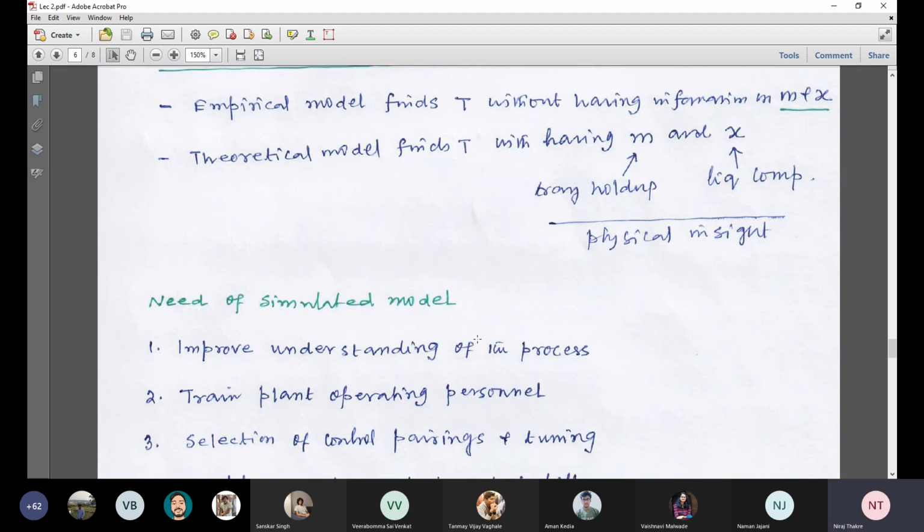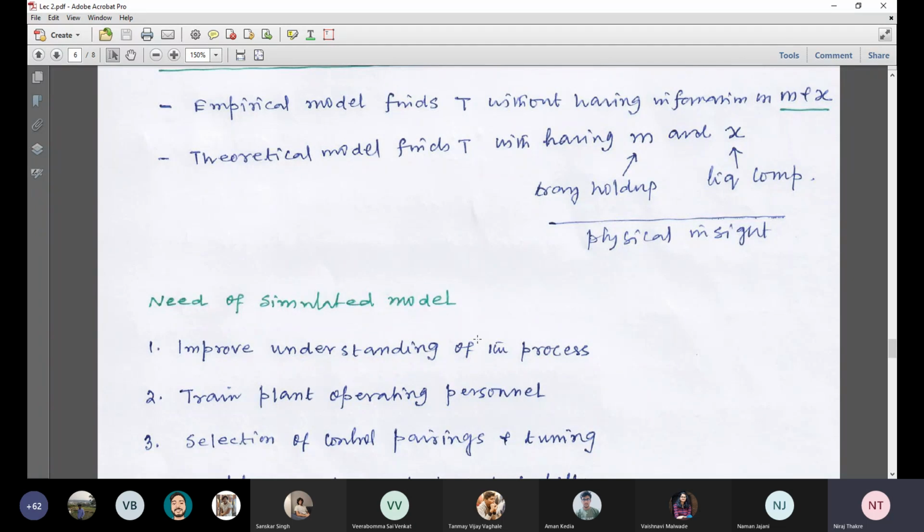Third one is selection of control pairings and tuning. Although I have tried to convince you through physical understanding how we can make the pair between control variable and manipulated variable, originally they are selected by performing some analysis, and that analysis is done using the model. It is beyond the scope of this UG course.